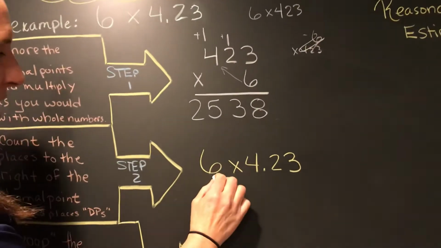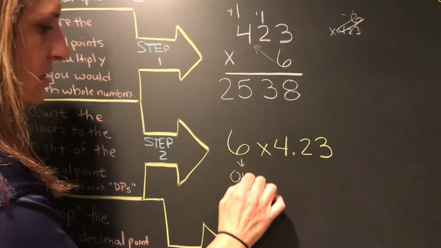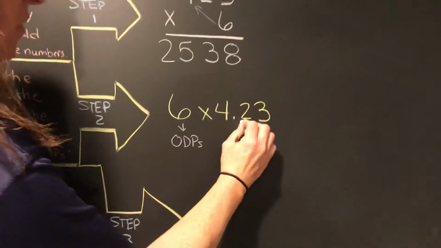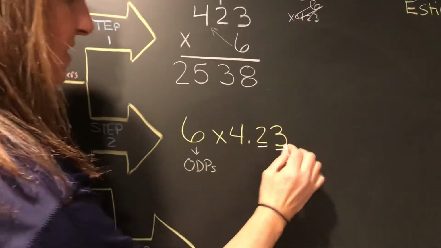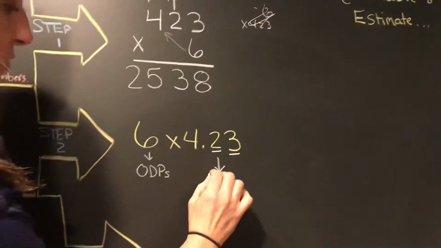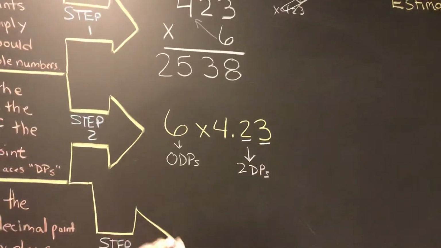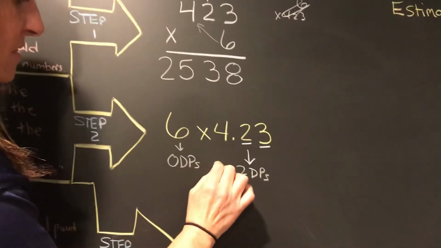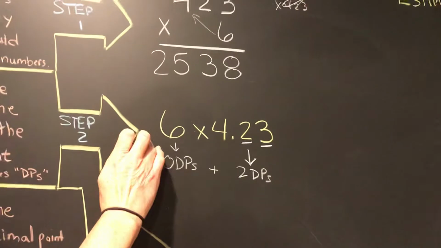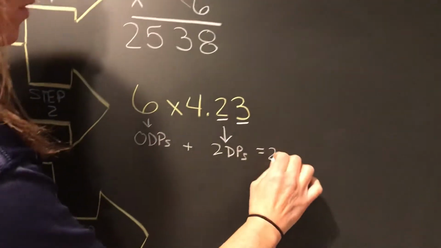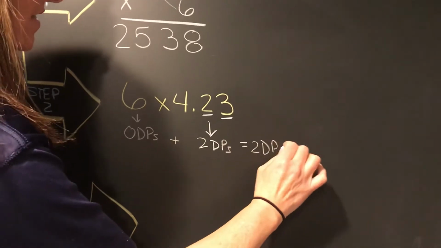So this one has no DPs or no decimal places. But this one, 4 and 23/100ths, has 2 decimal places or 2 DPs. All together, because sometimes we're going to have 2 decimals and we're going to have to add them, we've got 2 decimal places.